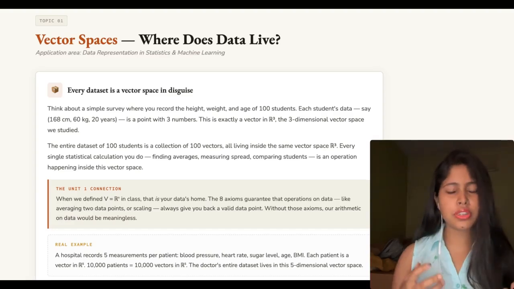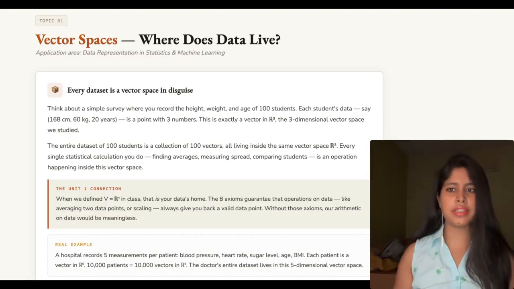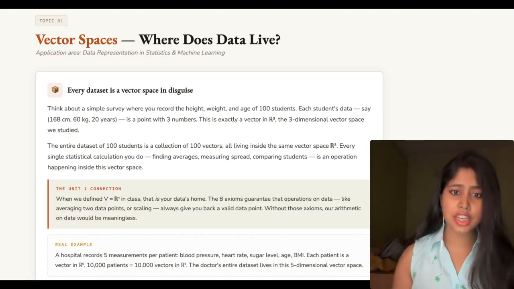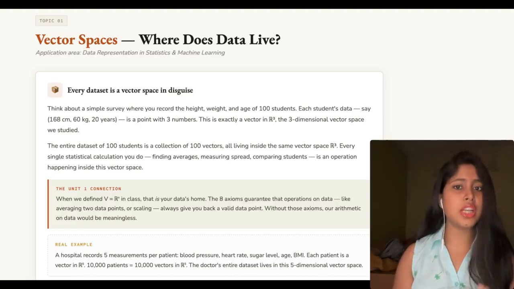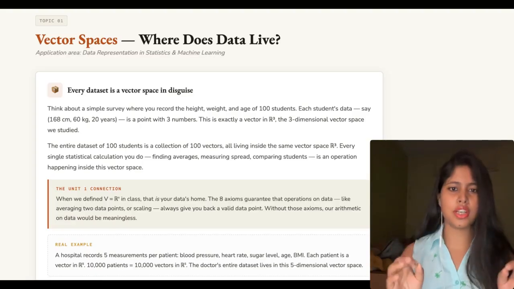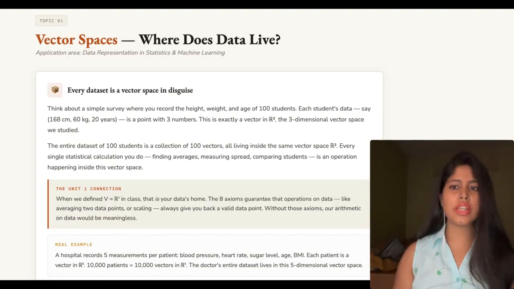So when you compute the average patient, you add up all the data vectors and divide by 10,000. That is vector addition and scalar multiplication, right? Which you can operate because this is a vector space. Next, the axioms guarantee the result is still a valid point in R5, still a valid data point for your vector space, right? Without those axioms, the arithmetic would be literally meaningless.